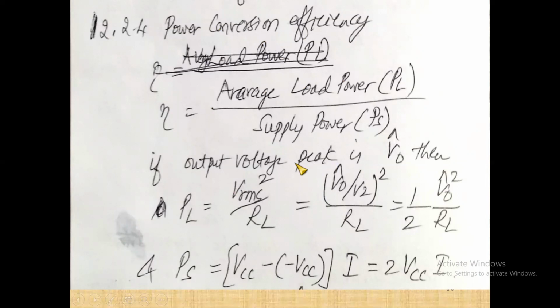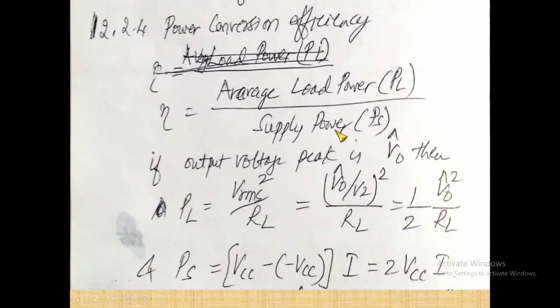So if the output voltage peak is considered V naught hat, then average load power PL will be Vrms square by RL. The RMS value will be the peak value divided by root 2, whole square divided by RL, which is equal to 1 by 2 V naught square by RL.